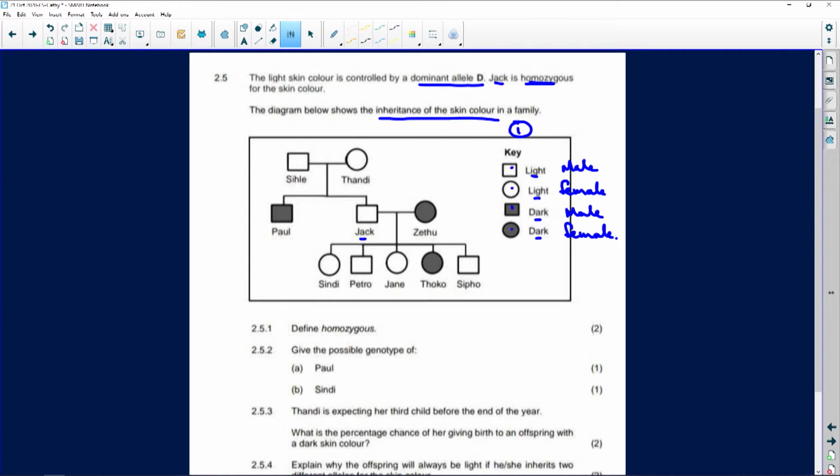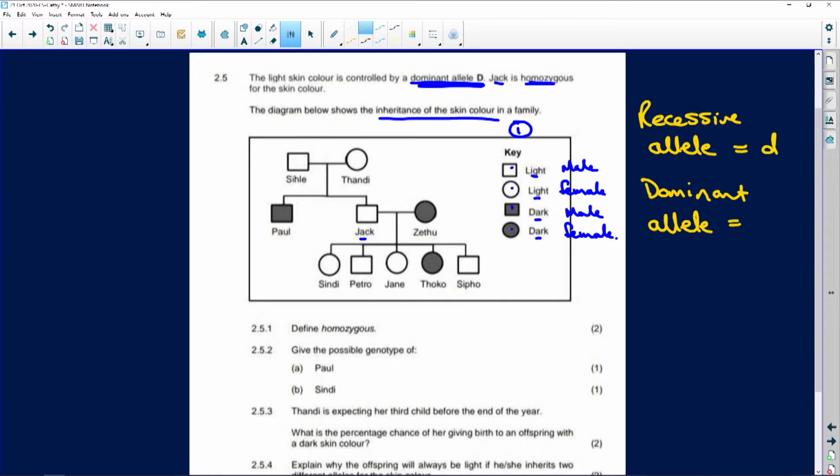They also tell you, this is all the information they give you, the dominant allele D. So your recessive allele will be a small d, because they tell you your dominant allele is represented by a capital D. Now also, if we look at Jack, Jack is not shaded.